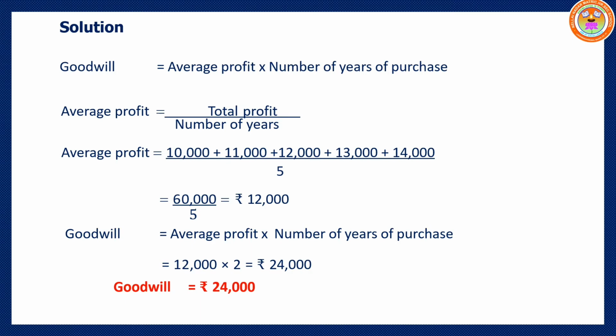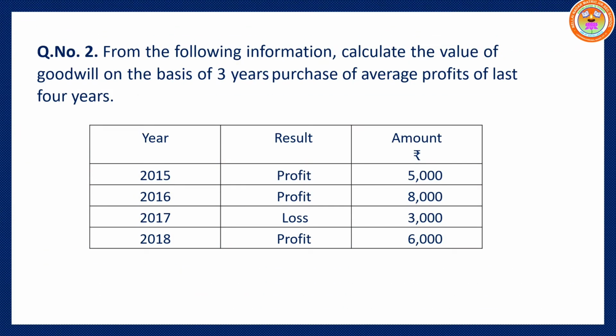Now read question number 2. From the following information, calculate the value of goodwill on the basis of 3 years purchase. Circle this; it will be used for finding goodwill. Average profit into number of years of purchase, that means average profit into 3.